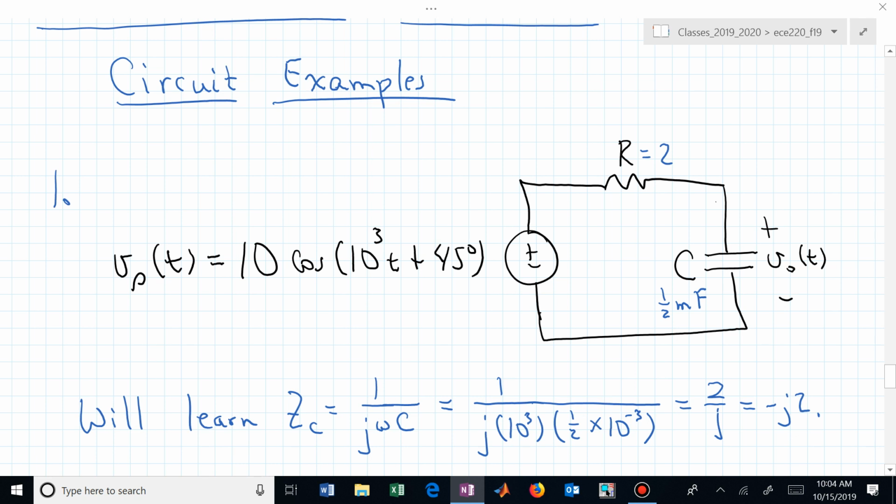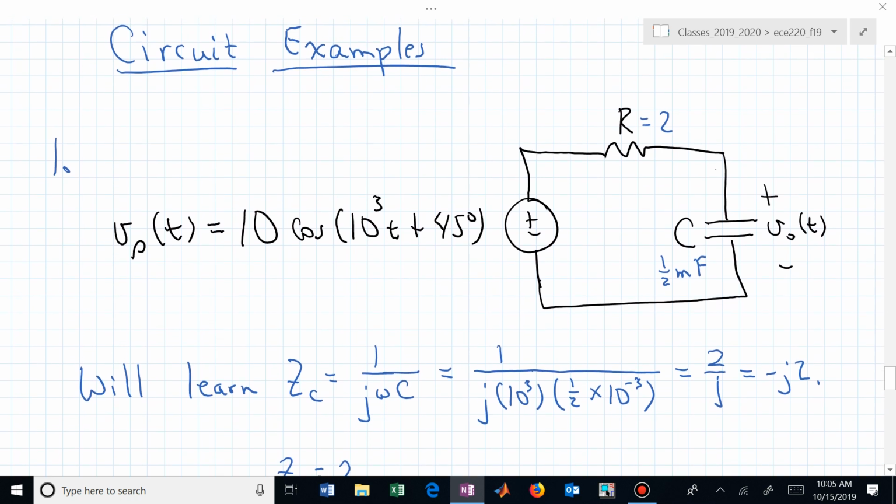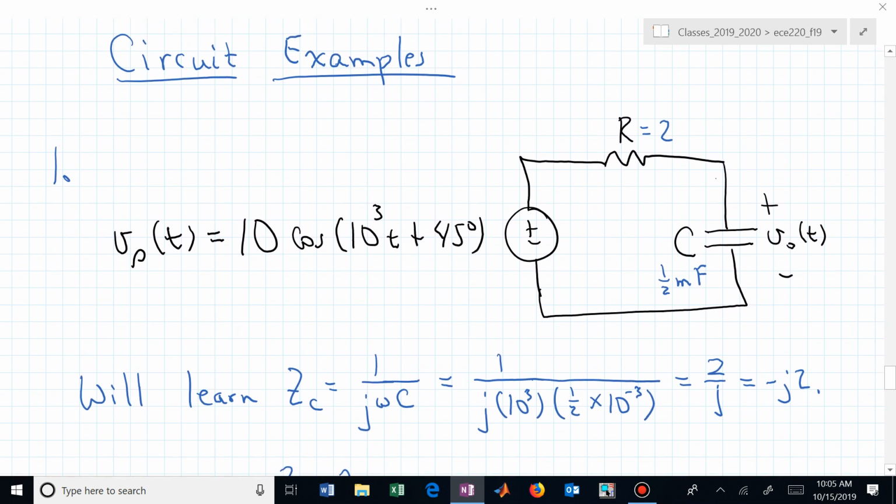We will learn subsequently, but now I'm just going to give it to you, that when we're analyzing this, it has reached sinusoidal steady state. You can assume that that cosine of 1000t has been happening forever. And forever in electrical engineering isn't very long.